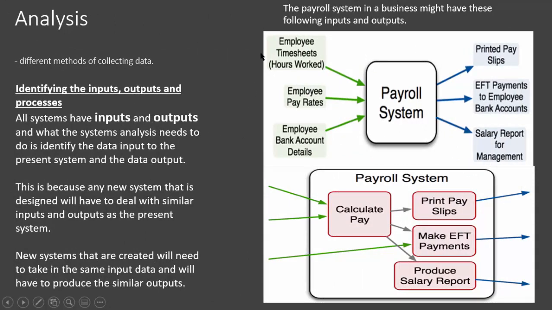With every system you have information that goes in, your inputs, the actual system that will work on the information that you've put in, and then your outputs. So here you've got timesheets, pay rates, bank account details that all go into the system, and then you get outputs like pay slips, payments, and salary reports.